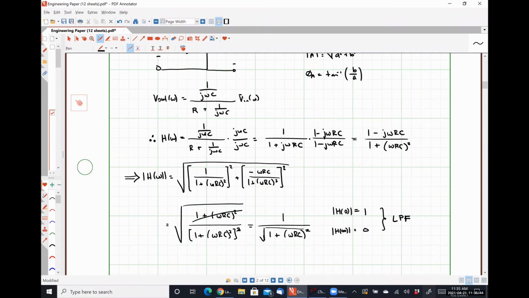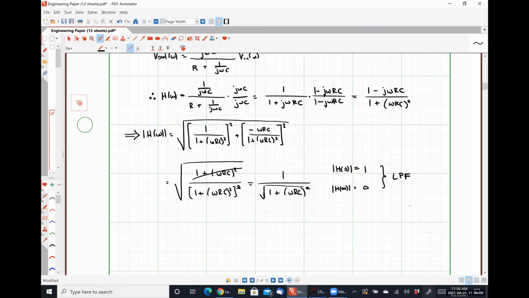All right. So before we move on to the phase response, let's identify what our 3 decibel frequency is going to be here, okay? So the 3 decibel frequency occurs when we have half of the power, which is going to mean that our frequency response is going to be exactly equal to 1 over the square root of 2, okay?